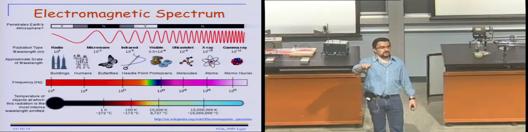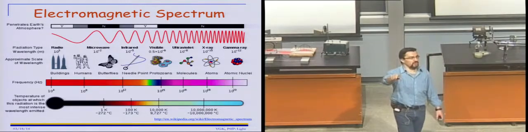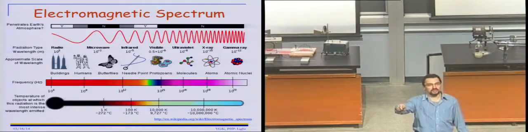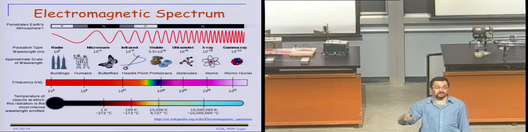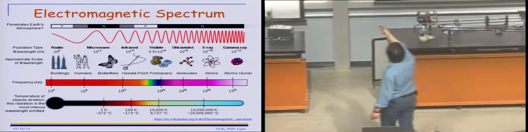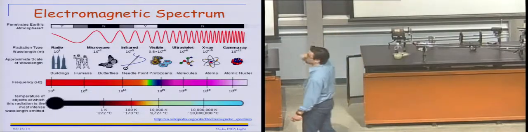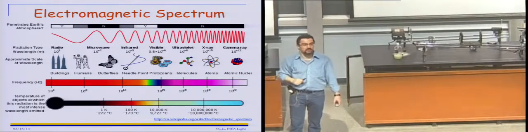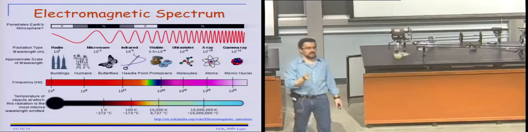If you change your radio to FM, you pick up signals at a higher frequency, here about 100 megahertz, 100 million oscillations a second.